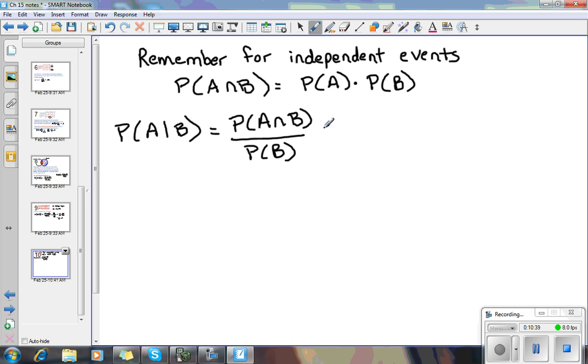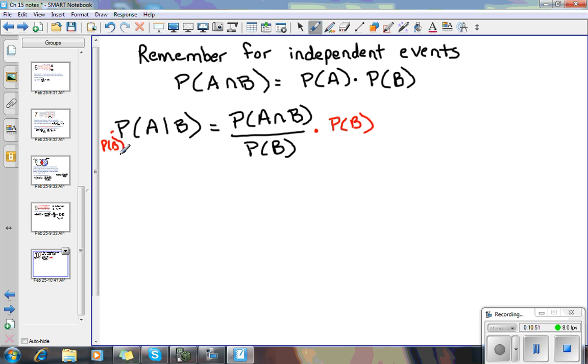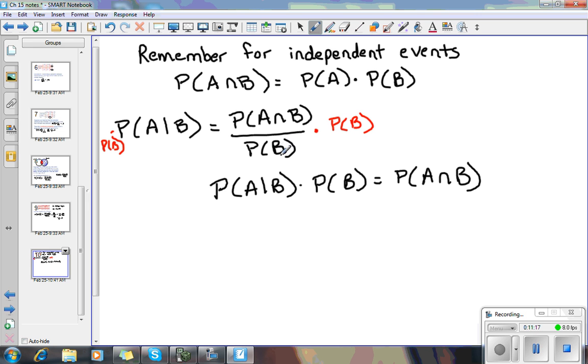If I were to multiply both sides by the probability of B, then that leads me to be able to say that the probability of A given B times the probability of B equals the probability of A intersect B. I'm just multiplying by the probability of B on both sides, so I get this statement equals this. That should not be any big deal for you, just some simple algebra.